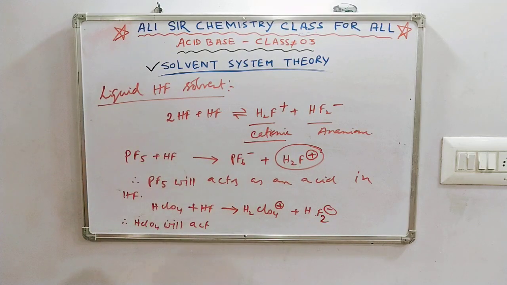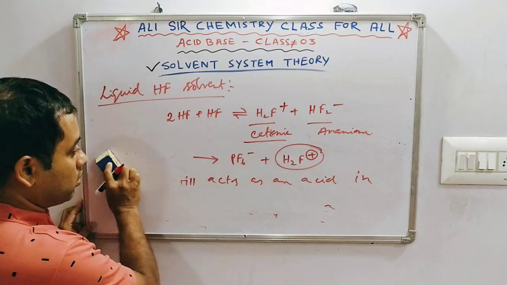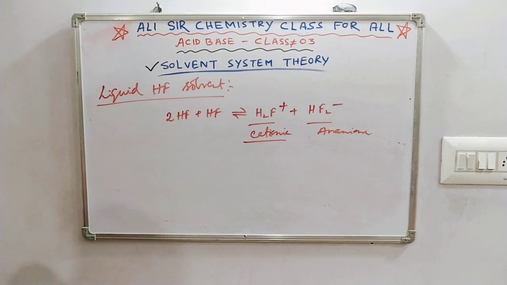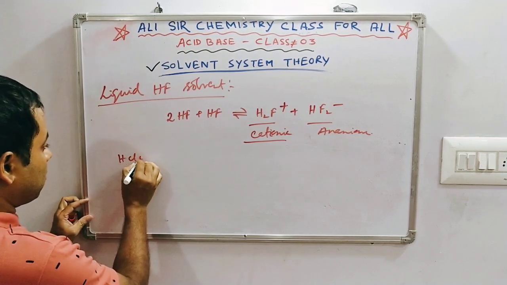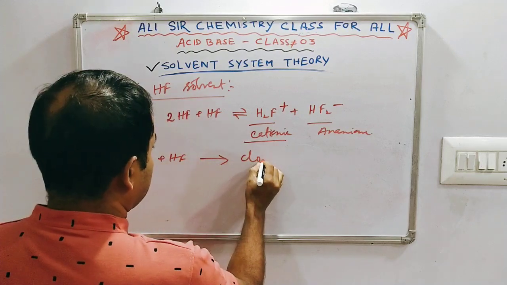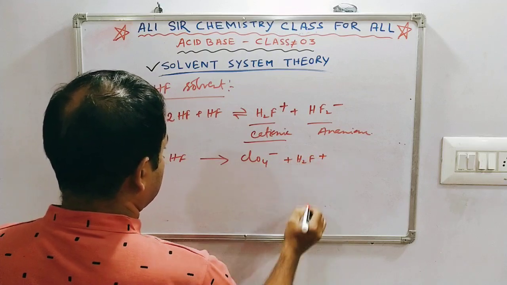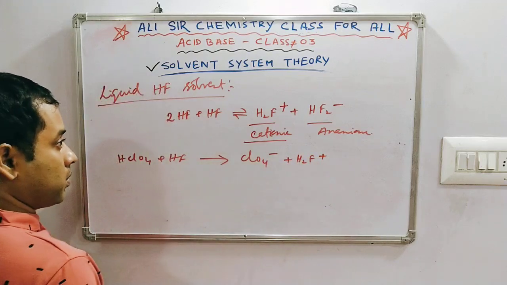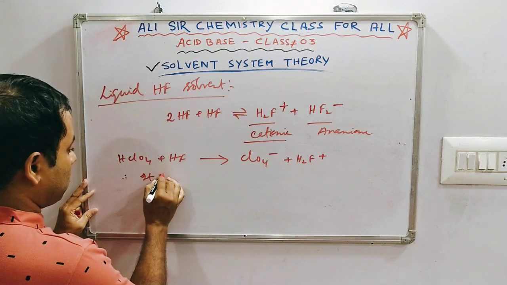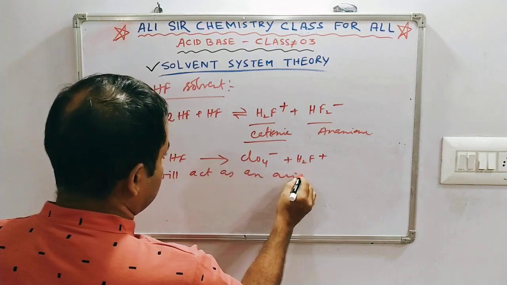Sorry, there is a mistake, I'll rectify it. PF5 will act as an acid, but if you take HClO4 in HF solvent, it will form ClO4 minus plus H2F plus. H2F plus is a cationic part, so therefore it will act as an acid.